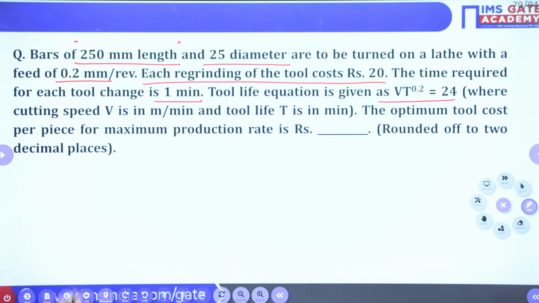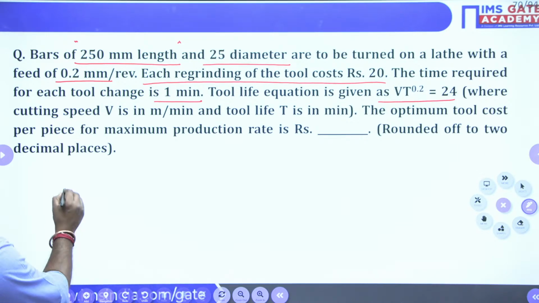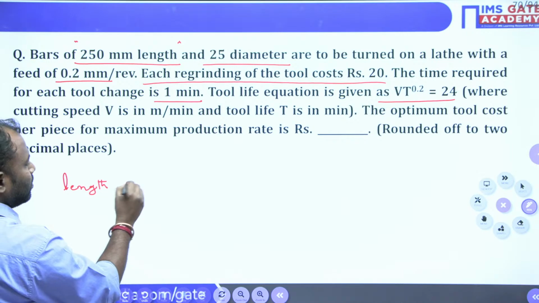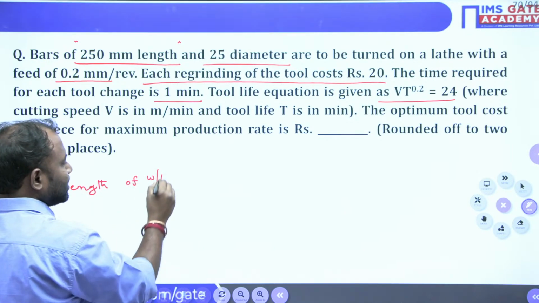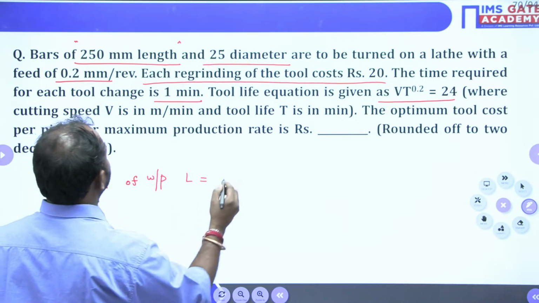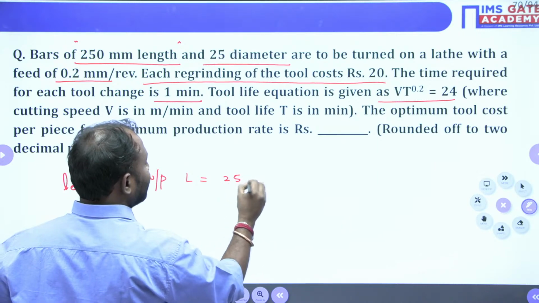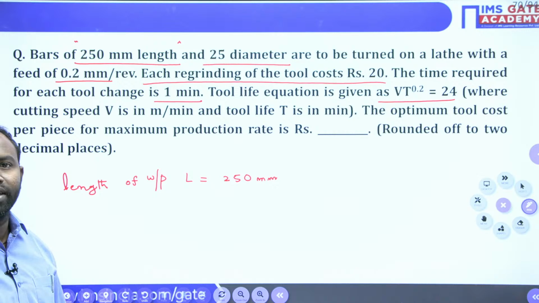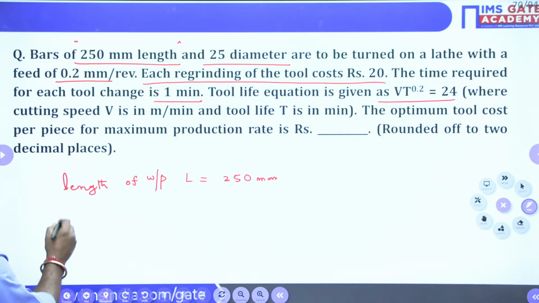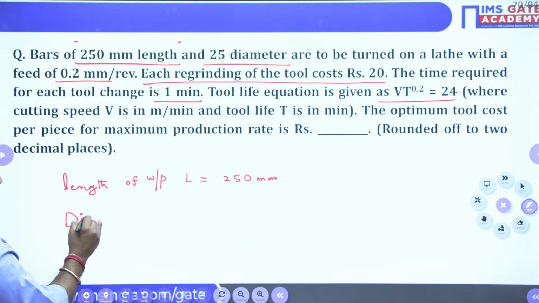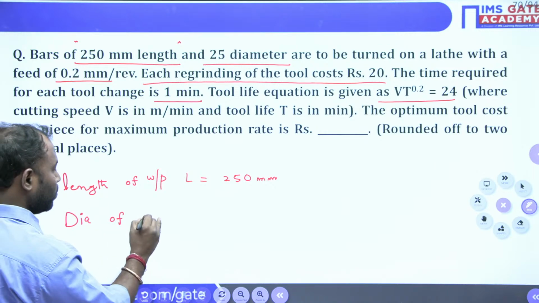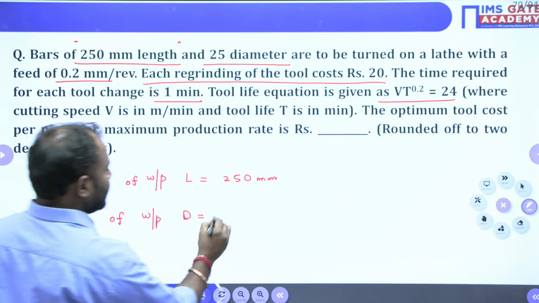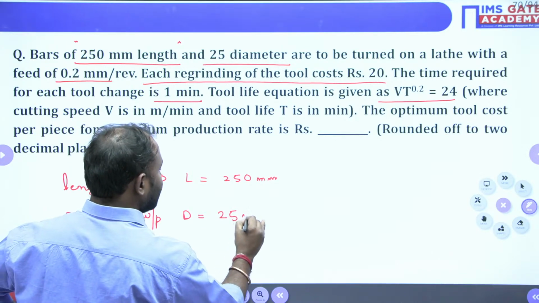Now let me write the given data. Length of workpiece, that is L, equal to how much, guys? It is 250 mm. Next, diameter of the workpiece, that is D, is equal to 25 mm.